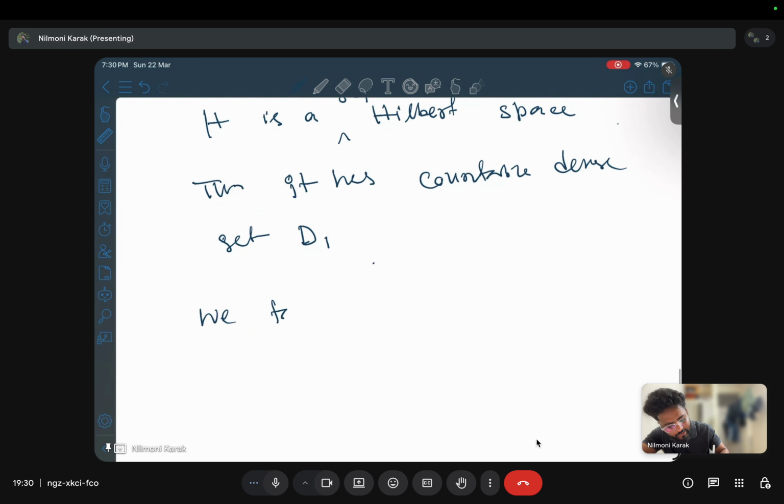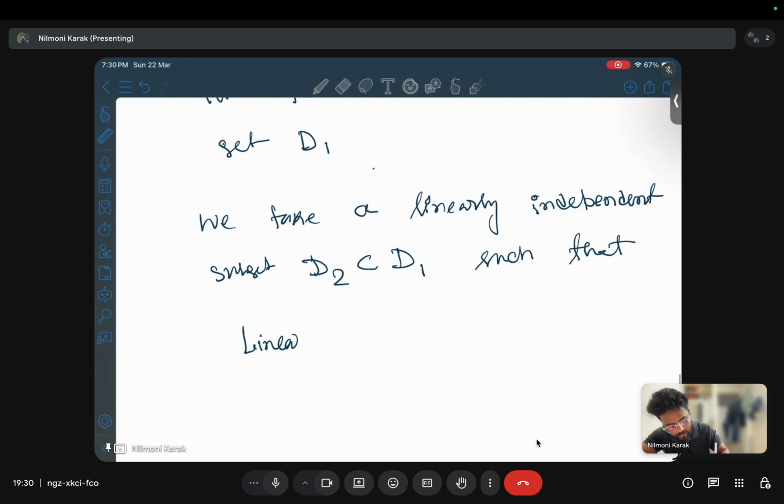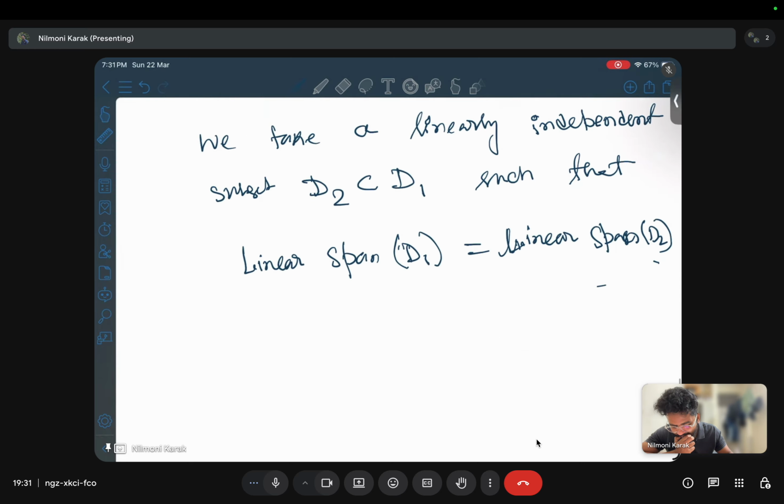Now we take a linearly independent subset D2 in D1, such that linear span D1 equals linear span D2. Okay, so we can have this.